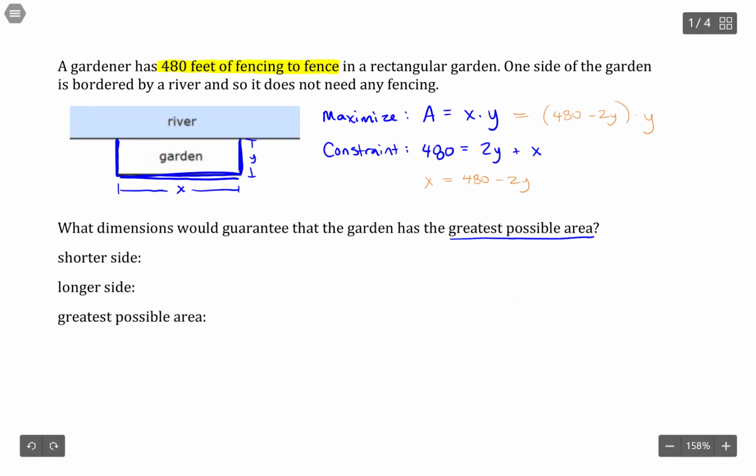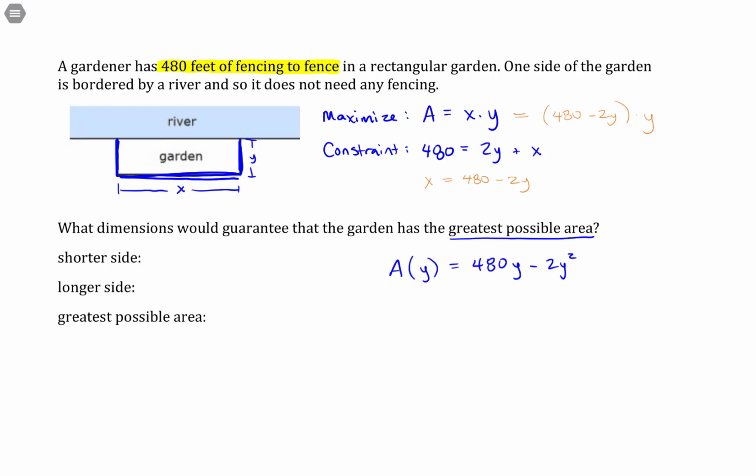Okay, so right now I've got the area, dependent on the value of the variable y, is 480 times y minus 2y squared. And if you'll notice, this is a quadratic. Quadratics have a turning point that indicates a minimum or a maximum, depending on if it's opening upward or opening downward.